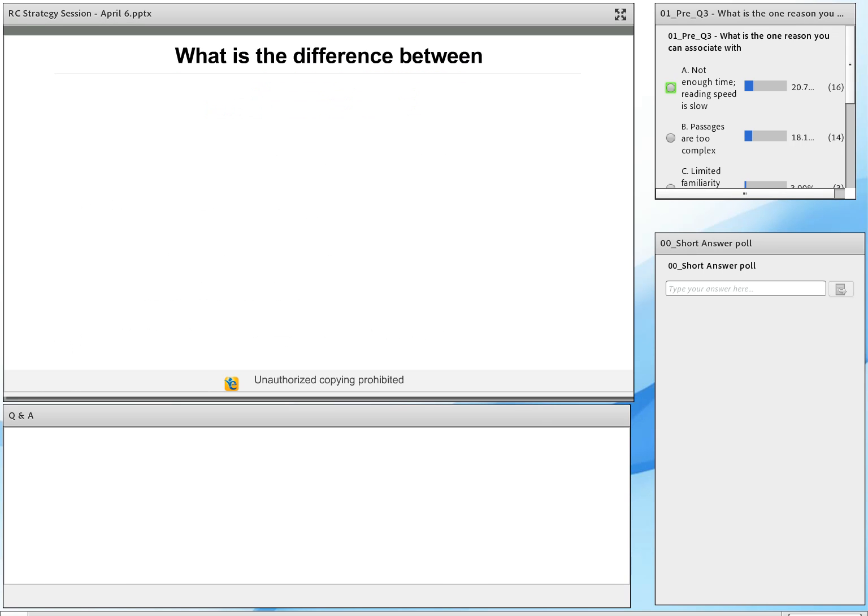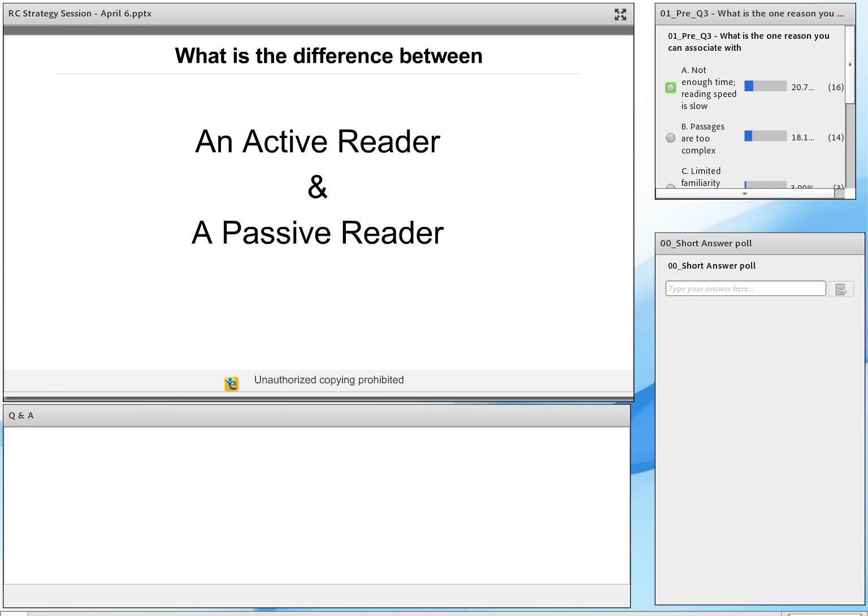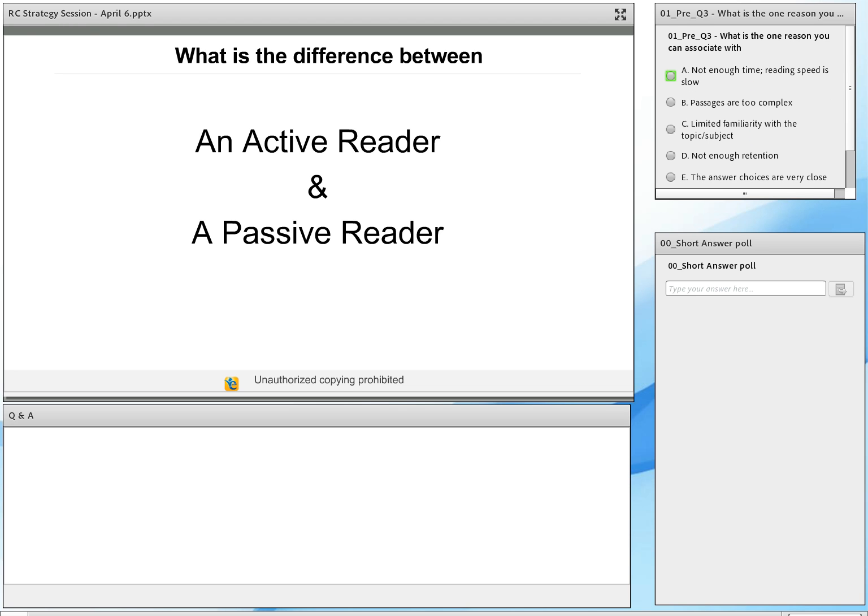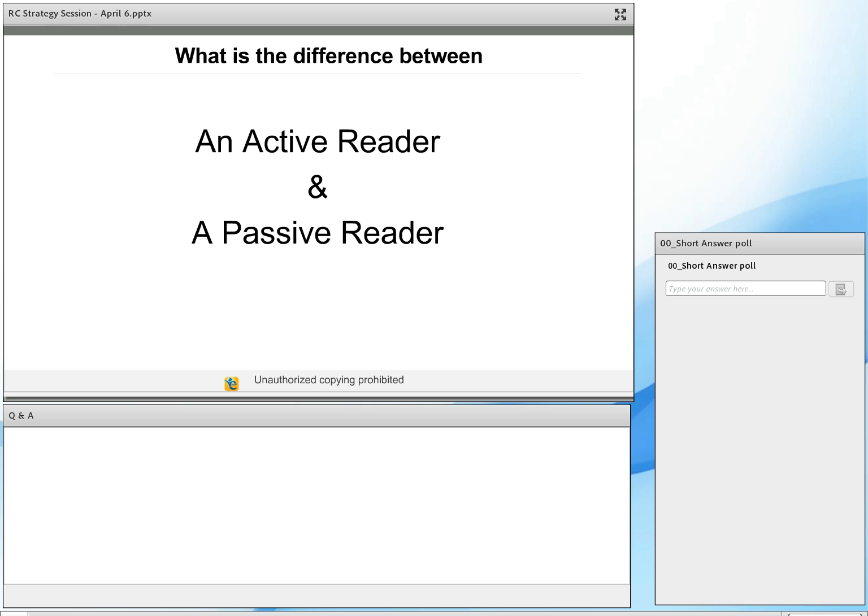Now tell me something. What is the difference between an active reader and a passive reader? When I tell you the terms active reader and passive reader, what do you think is the difference between the two? And the answer could be that I don't know as well. That is also fine.